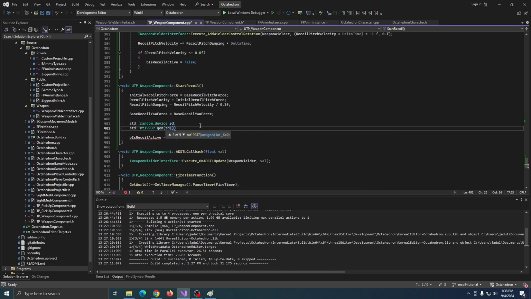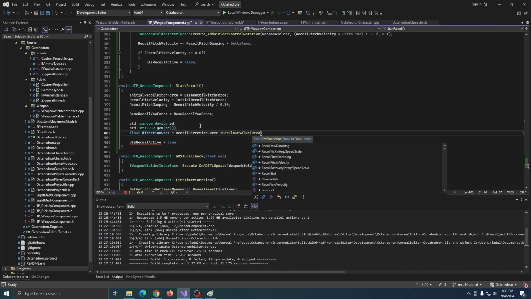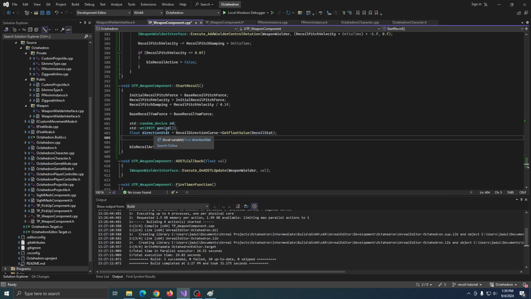gen rd. Okay, now for the direction stat, we can get this from the recoil base stat that is sampled from our curve, right? So recoil direction curve, get float value in recoil stat. It will give us the direction value.